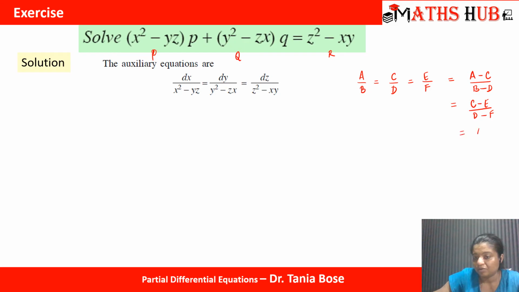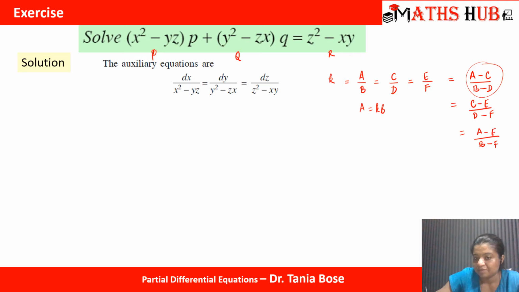And it is also equal to A minus E upon B minus F. Now, why are these ratios equal? Because if they are ratios, they will be equal to some constant K. So if I take this expression, I can just put in the values of A and C. So if I compare A by B equal to K, A comes out to be K times B.